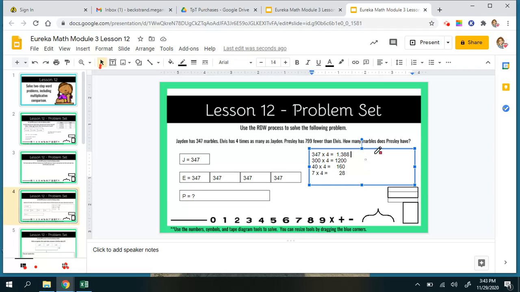All right, so we're going to have 1,388 minus 799. So 8 minus 9, we're not going to be able to do. We're going to have to borrow. So the 8 here is going to become a 7.